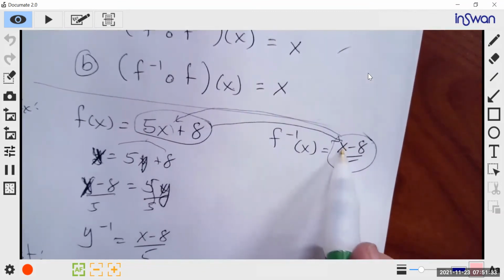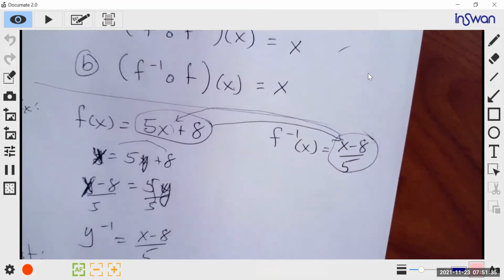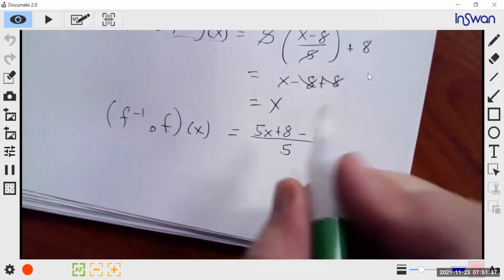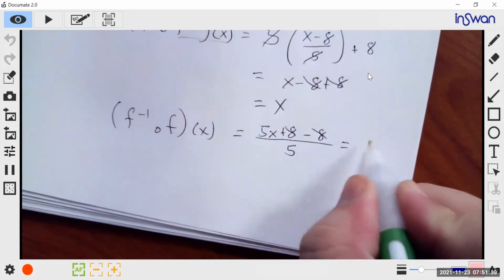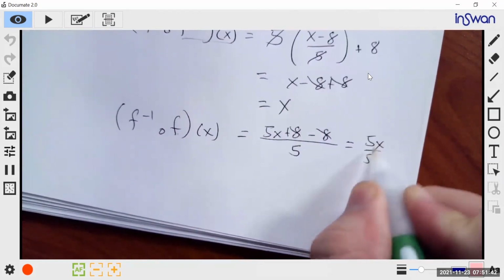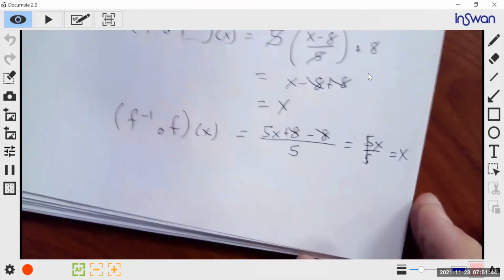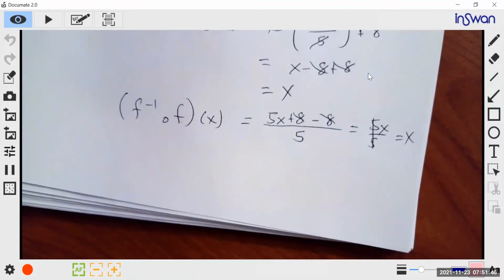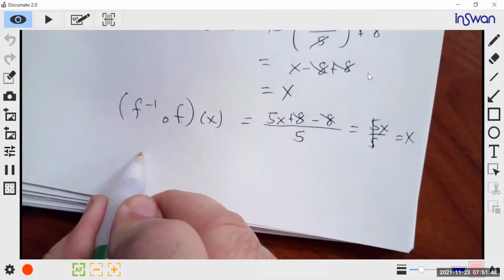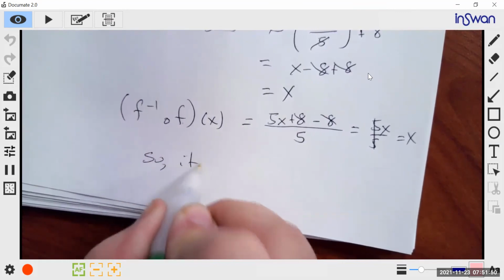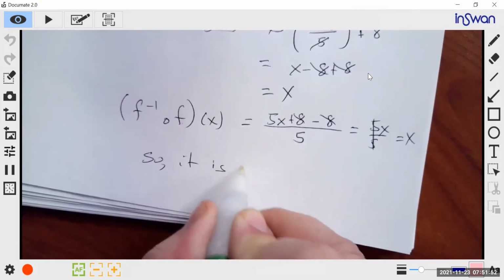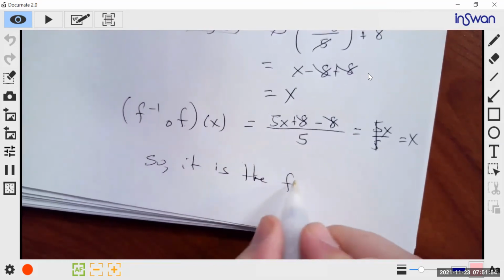The 8 minus 8 cancel. 5x over 5 is x. So that is the inverse.